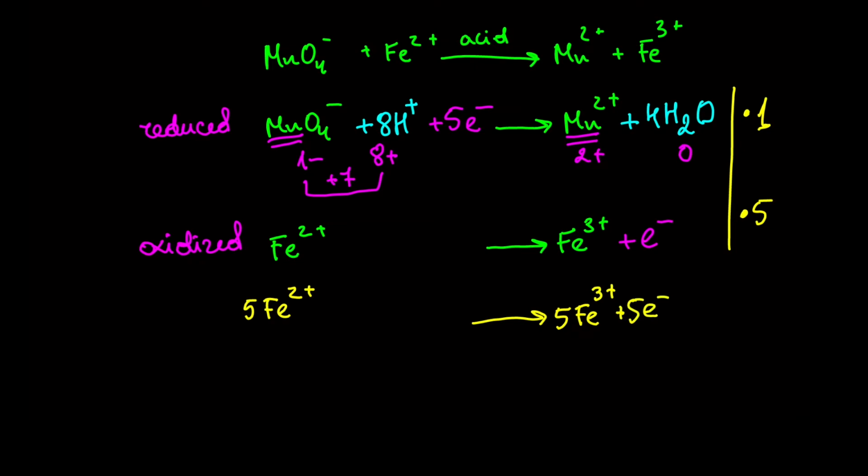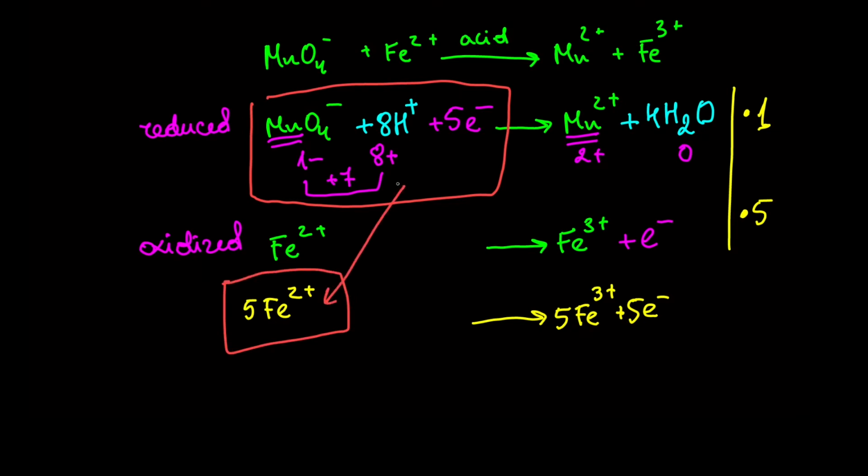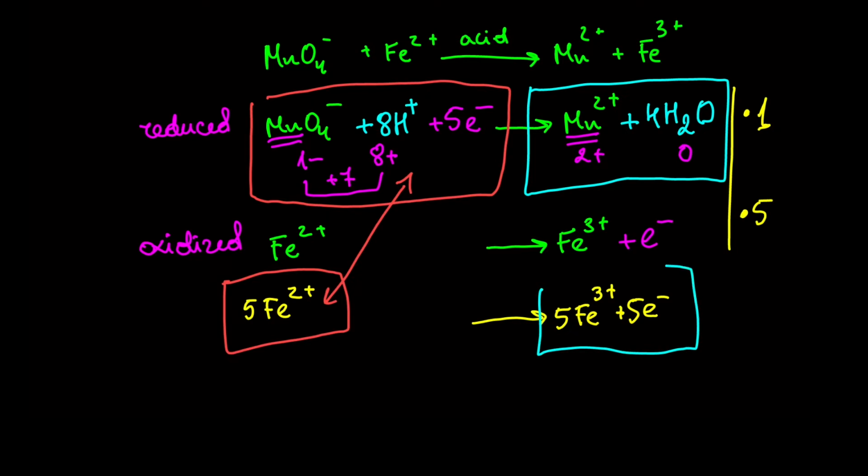Now finally, what we need to do is sum up both half reactions into one big reaction. We add all compounds before the reaction and then add all compounds after the reaction.